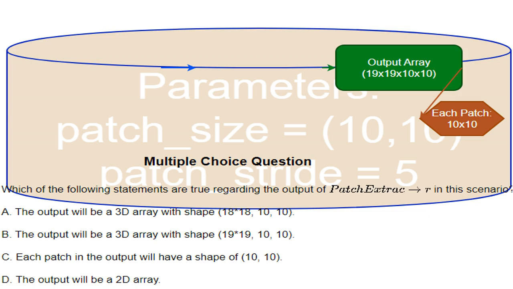The patch size of 10 means each patch will be 10 pixels by 10 pixels, which is like a tiny square snapshot. The stride of 5 means that each snapshot moves 5 pixels from its previous location. Think of it like stepping across the image.